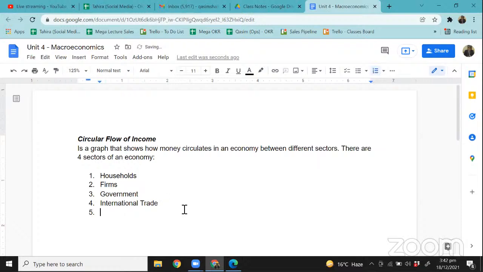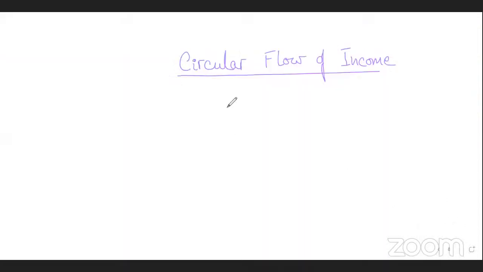Okay. Now, this being said, we'll move to the graph and look at how the circular flow of income looks, because only then you'll be able to understand what this shows us, right? I'll use the next slide because we need more space. I will write it in a smaller font. Circular flow of income.